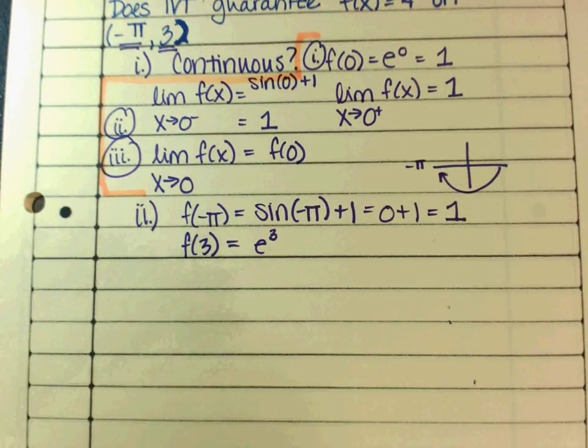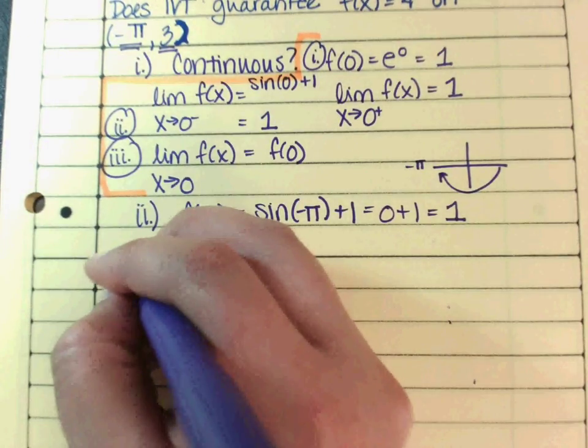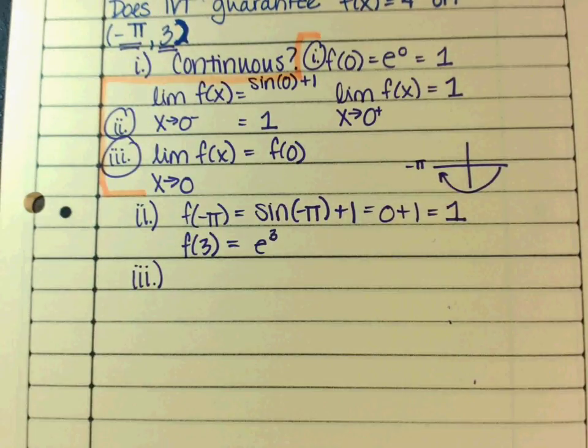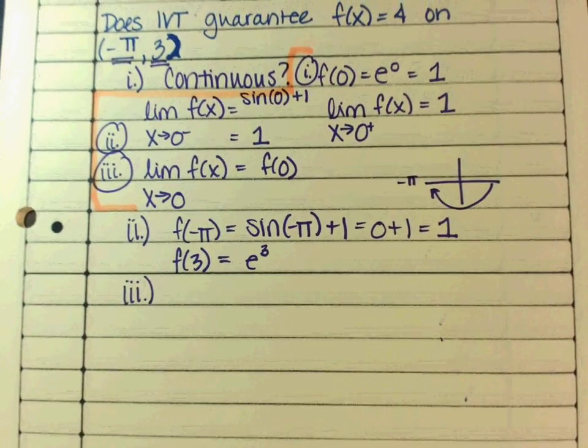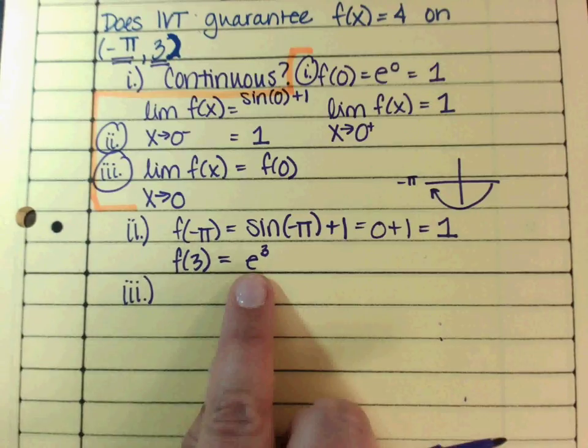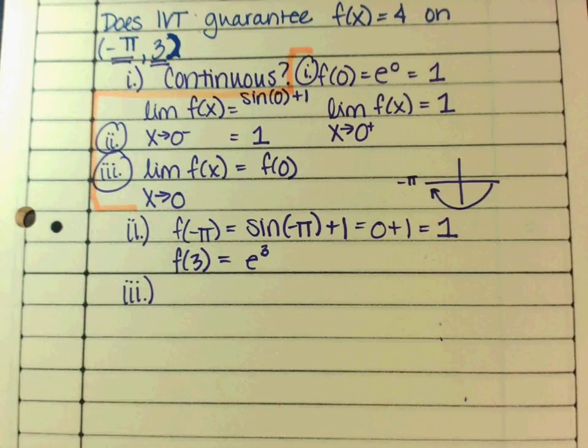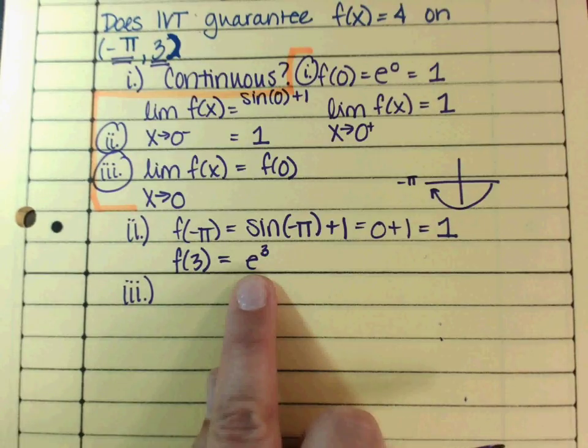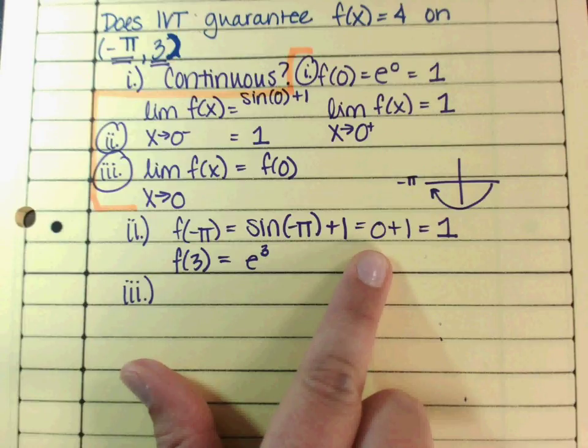Step number 3. What's the number that has to be in the middle? What do I want f of x to have to equal? 4. Now, let's do some approximating here. What is e by itself about? Okay, make it easy. 2. What's 2 cubed? 8. So if this is bigger than 8, and that's 1, is 4 between them? Yes.